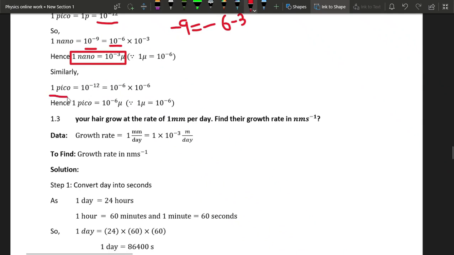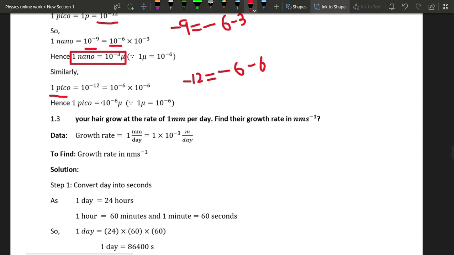This is one of the relationships. Similarly, 1 pico is 10 raised to power minus 12, and minus 12 can be written as minus 6 minus 6. Remember this, we have only prefixes of 10 raised to power minus 6, 10 raised to power minus 9, and 10 raised to power minus 3. So we convert this 12 into minus 6 and minus 6.